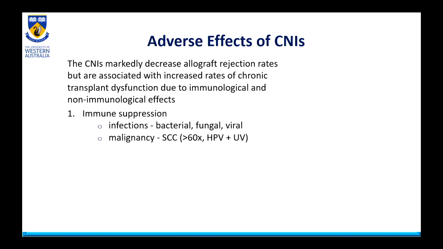Inducing immune suppression means you're going to get more infections, bacterial, fungal, viral, etc., and you're going to get more malignancies. And there's an association with these inhibitors with squamous cell carcinoma. 60 times more likely to get squamous cell carcinomas if you're on these inhibitors.